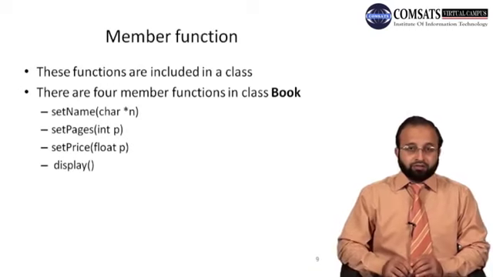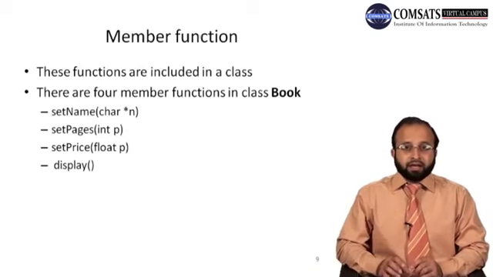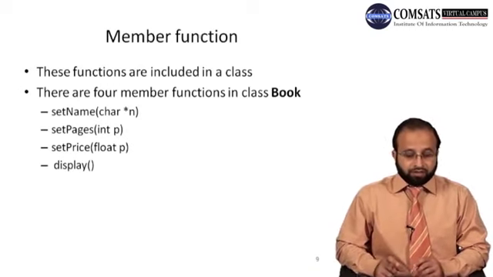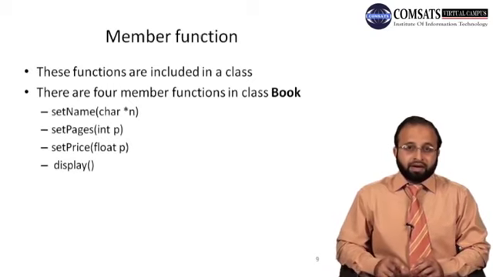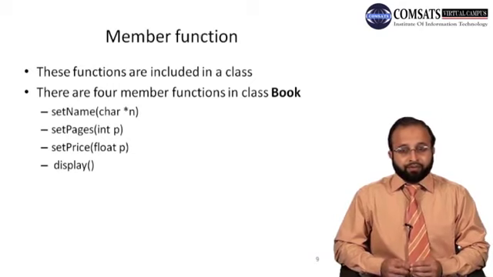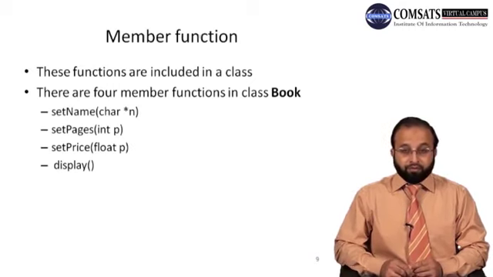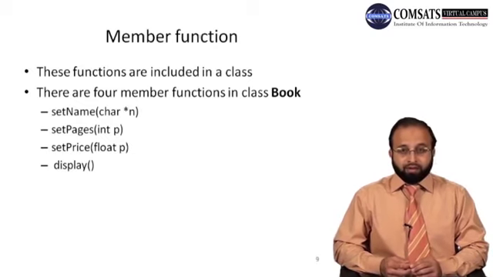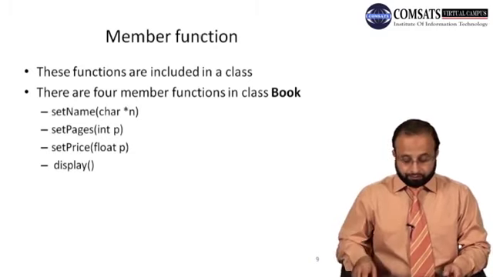Then we have a display function. Display function is kind of a get function. So these are the setters, we have a setter function and we have a getter function. What display does is it displays all the information about that object of the book class on the computer screen. The information includes the name of the book, number of pages, and the price, right?